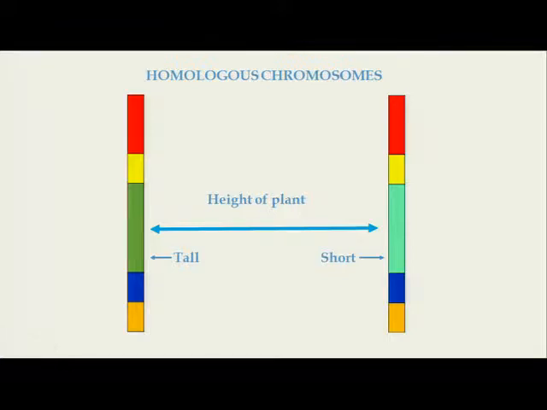But now bear in mind that the height of a plant or the height of plants will differ. In this example, I say to you, let's take that this gene determines the height of the plant to be tall. The opposing allele or the opposing gene there determines the height to be short, a dwarfish growth form, in other words.